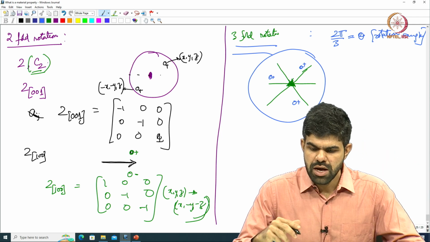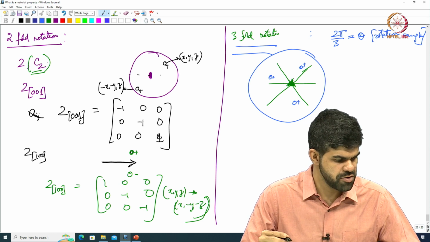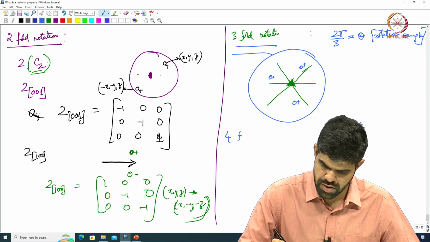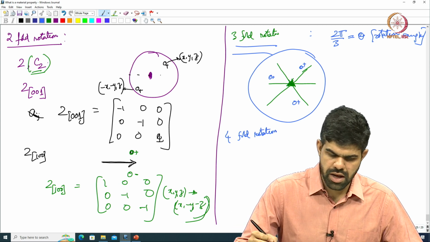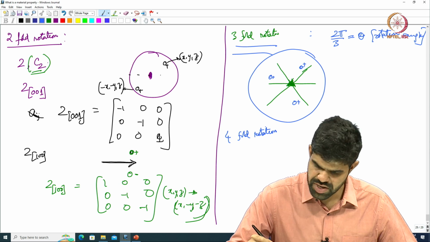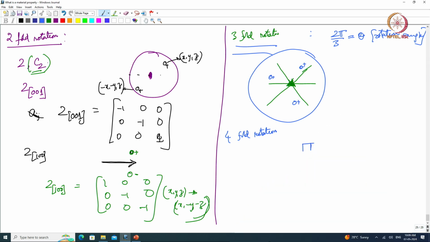Okay. All right. So, then the next thing is four-fold rotation. Right. And four-fold rotation, the way I represent it is as follows, or I can also have diamonds representing the four-fold rotation, right. So, I have this axis here, this axis here.